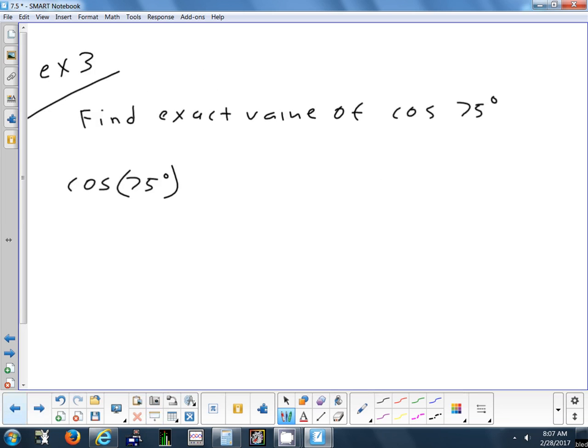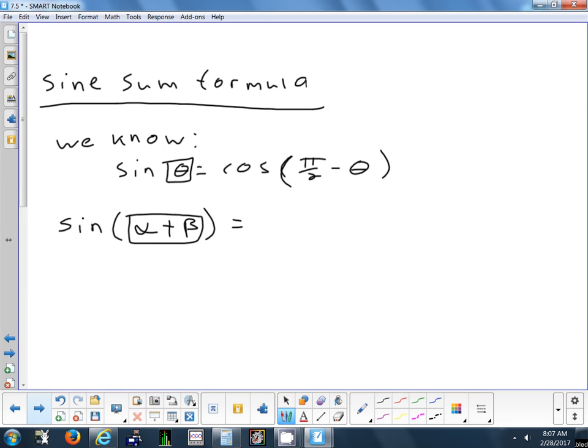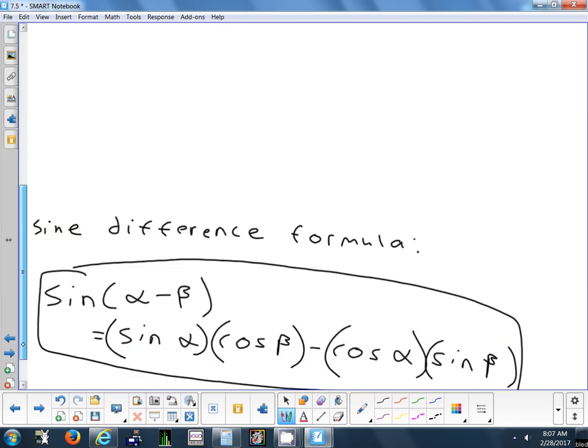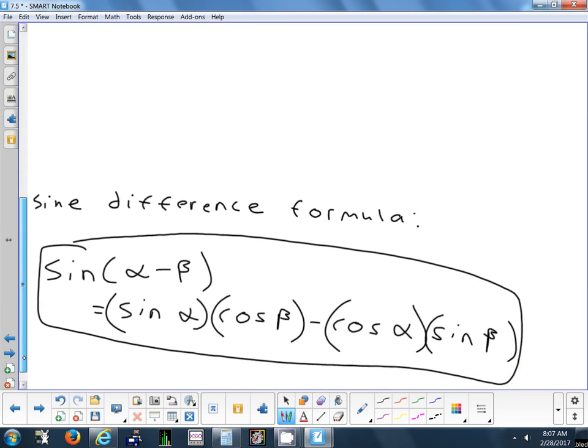So let's go back. Actually, I have sine of a difference. Sine of a sum is almost the same thing as sine of a difference. What's the only change in the formula I have on the board there, to do sine of a sum? Addition. Yeah, it changes to addition. So it's sine cosine plus cosine sine.